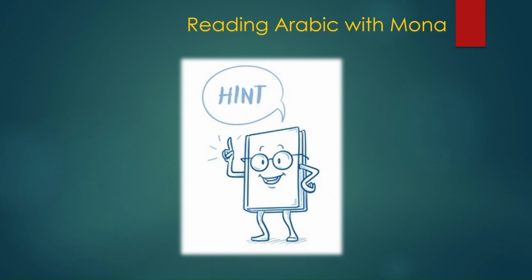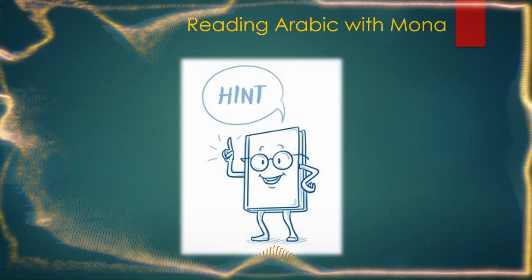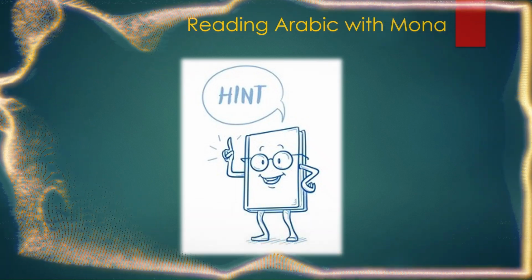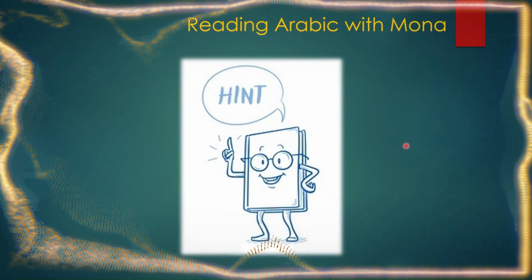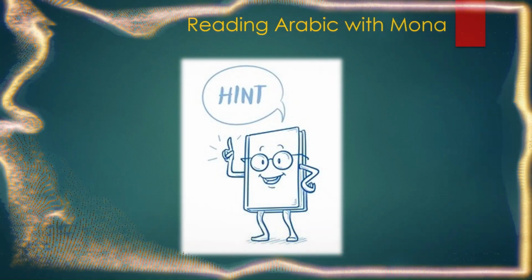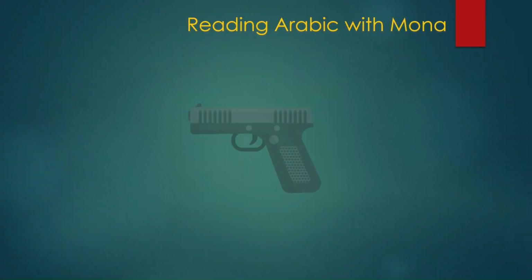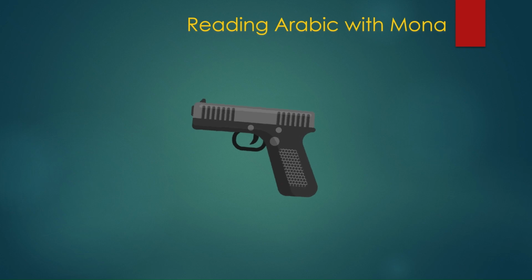Now let's get into action and learn how we will be connecting the shape of the letter Ṭa with its sound. This is going to be a dramatic story, so pay attention. Now this is a handgun. Flip it upside down.